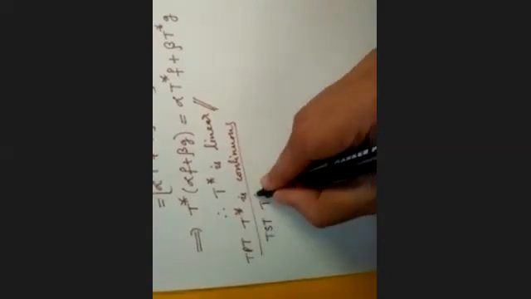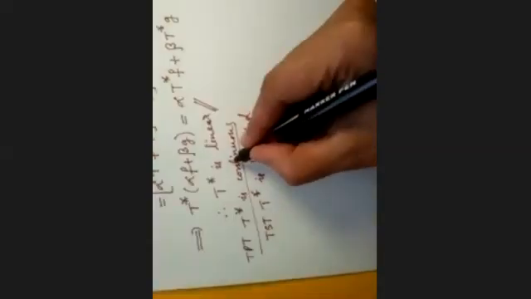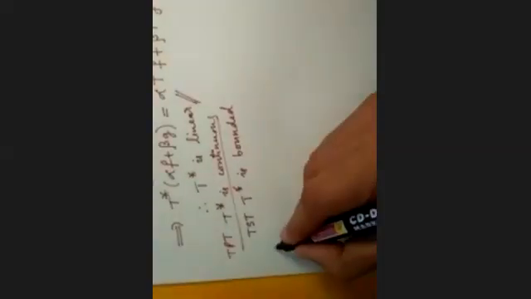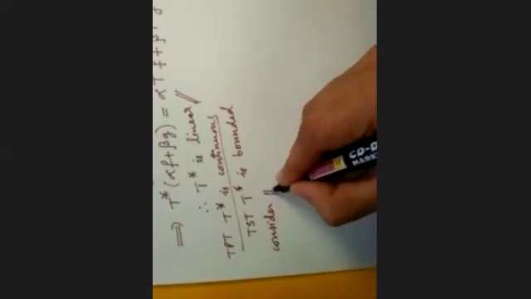So we shall prove that T star is bounded. Bounded and linear will give it is continuous. Okay. So consider norm T star.